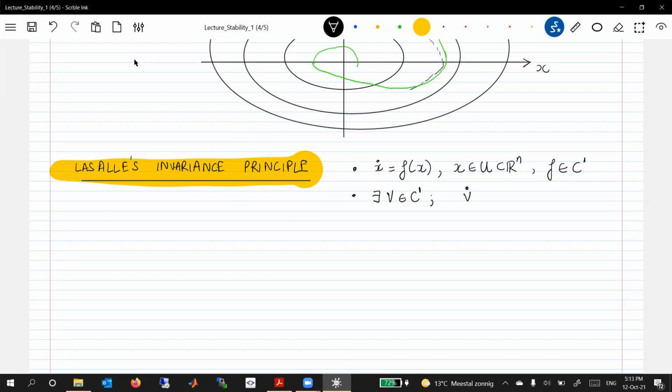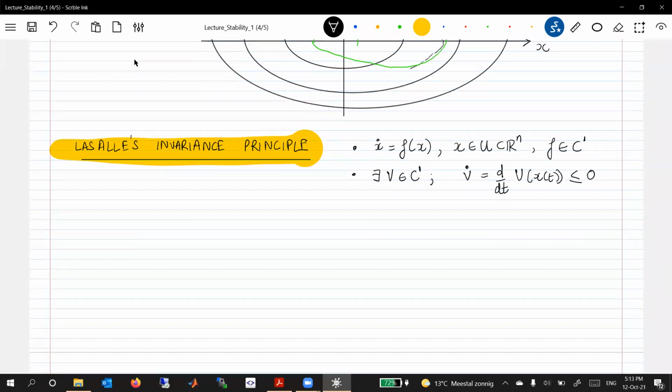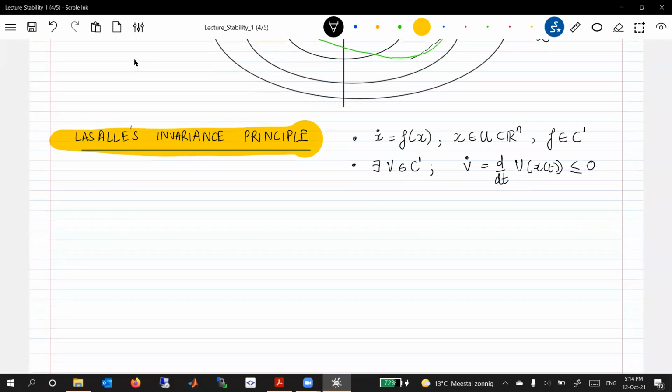And we require that V dot, the rate of change of V along the trajectory, should be non-positive, just like we had here in the case of energy.